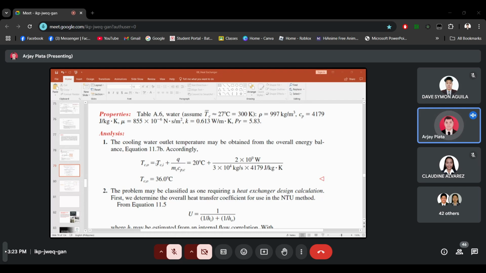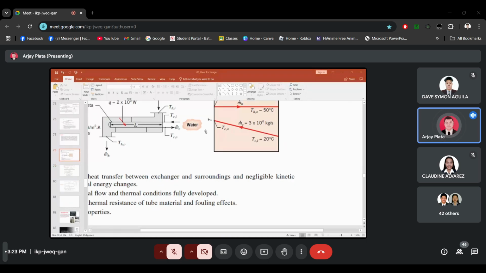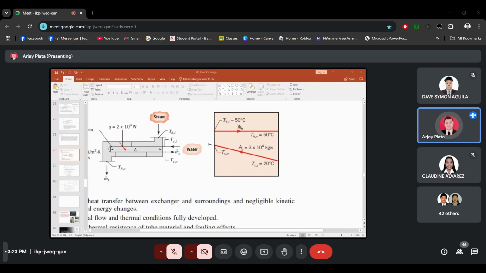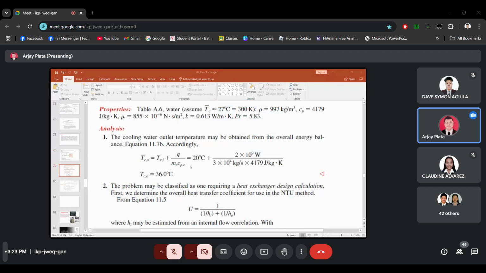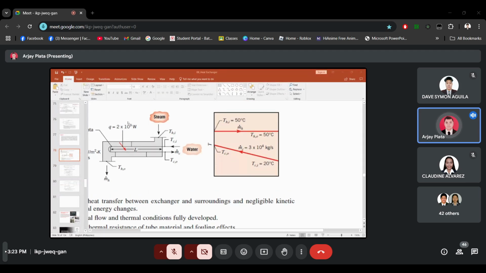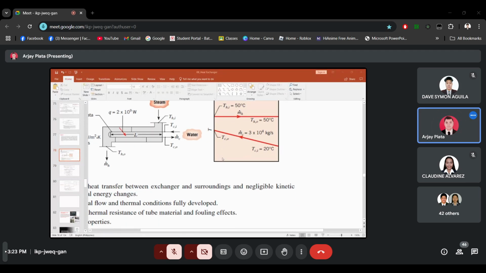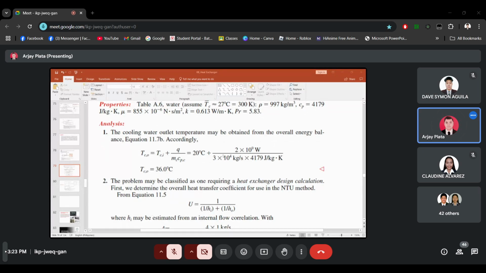T_ci is given, which is 20 degrees, as you can see on the graph. And Q is also given, Q is 2 times 10 to the 9. We have m; here we consider the mass flow rate of the 30,000 tubes.